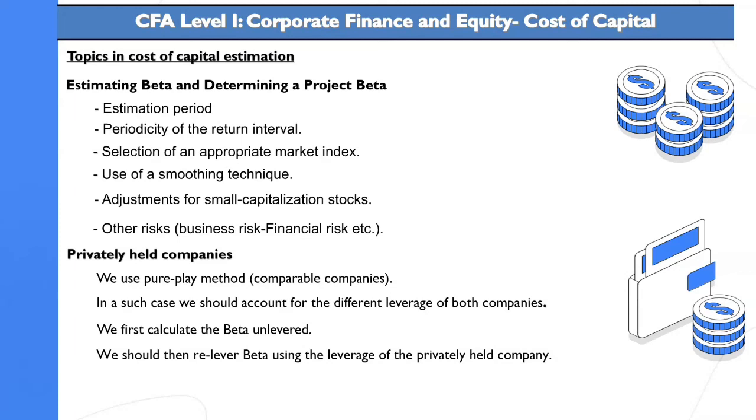If I have the beta of the first company with a very high leverage of 90%, I need to de-lever and get the beta without leverage. And then use that beta and re-lever again, using the leverage of 15%, not the 90%. This is the meaning of unlevered beta and re-levering beta.